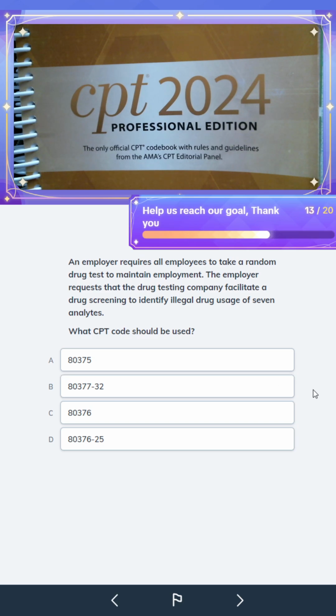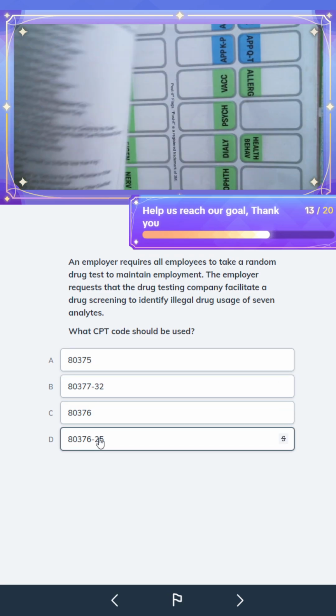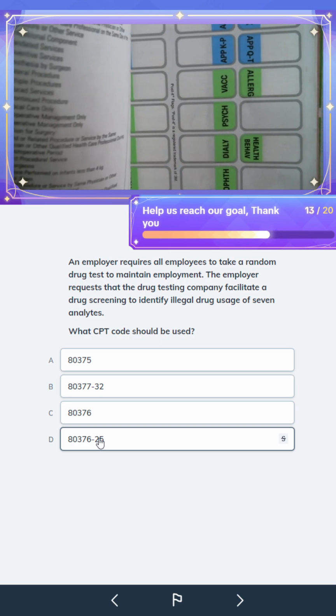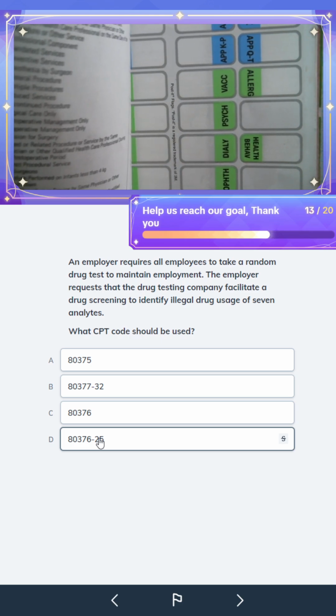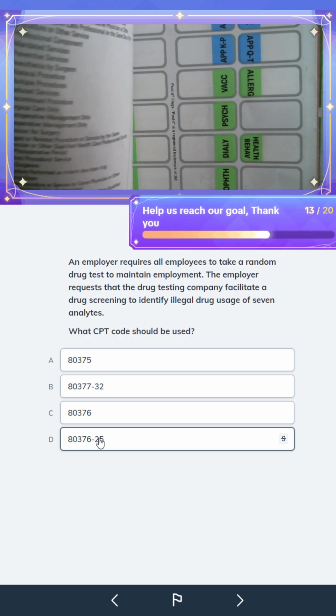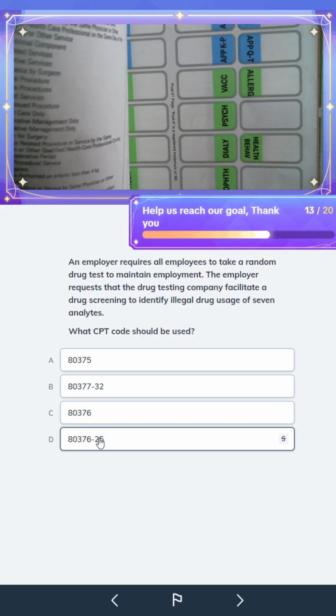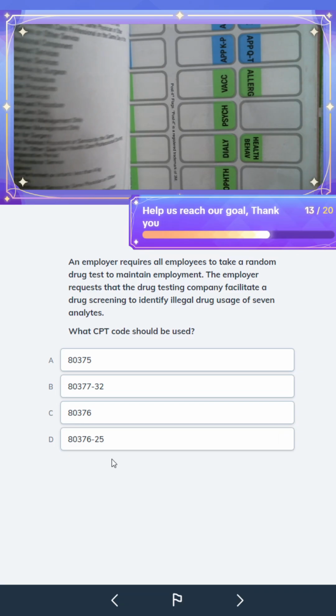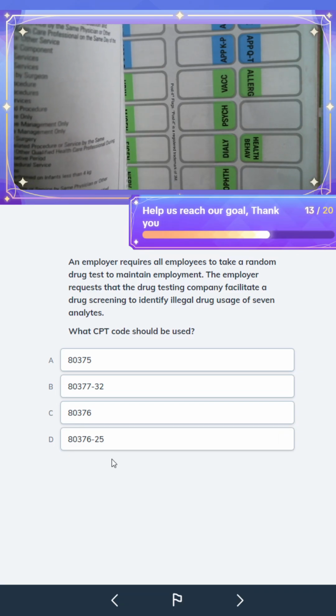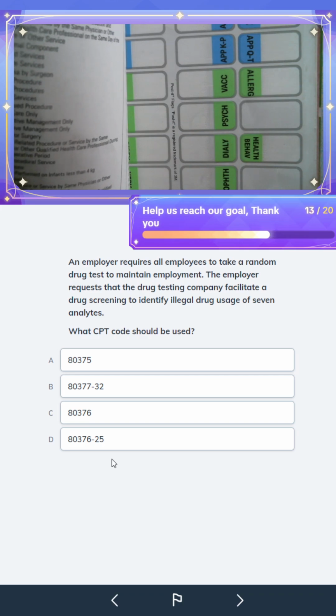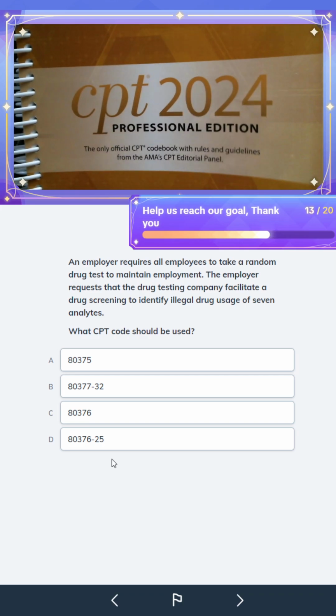Did anybody guess an answer for this one? First thing I would do is look at these modifiers, the 32 and the 25. Are those coding irregularities, or are they something that we would utilize in that 8,000 area? 32 modifier is a mandated service, and the 25 modifier is a significant, separately identifiable E&M visit.